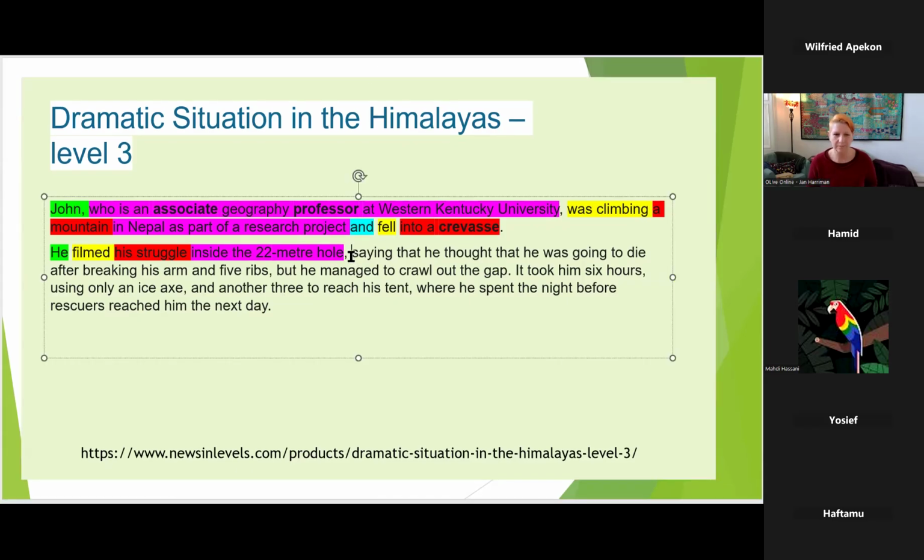This one's harder. Saying. Yes, but what is saying? He's saying that he thought. Yes. So saying kind of acts as a verb, but actually this is all a clause.